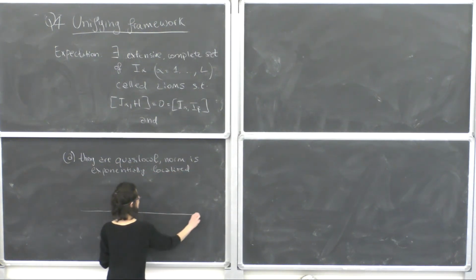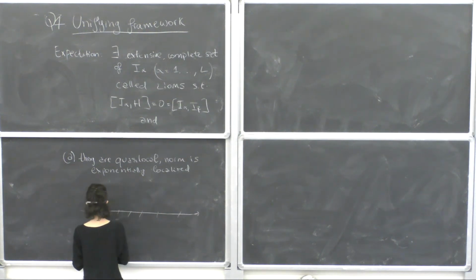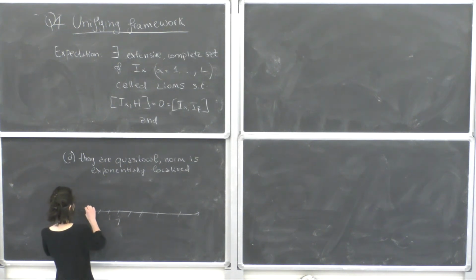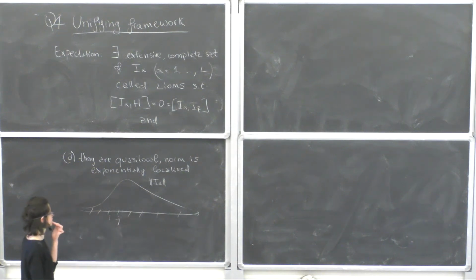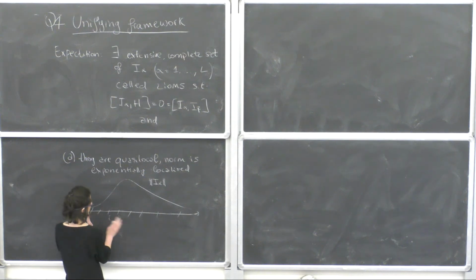So if I have my lattice here, and I plot, let's say, the infinity norm of one particular such operator, I will find that this norm is large only in a finite region.